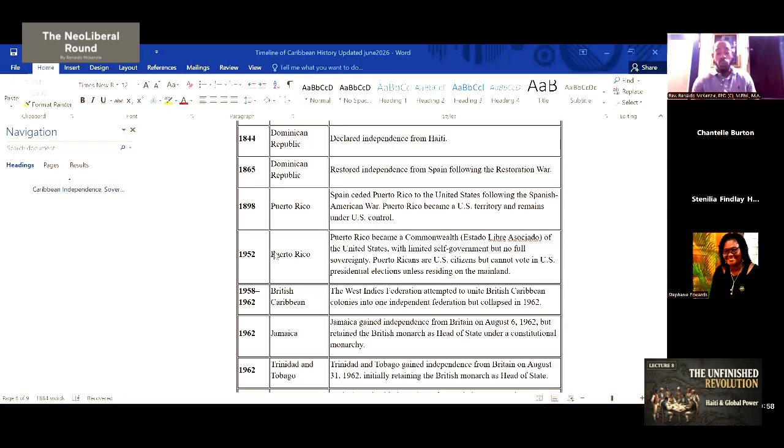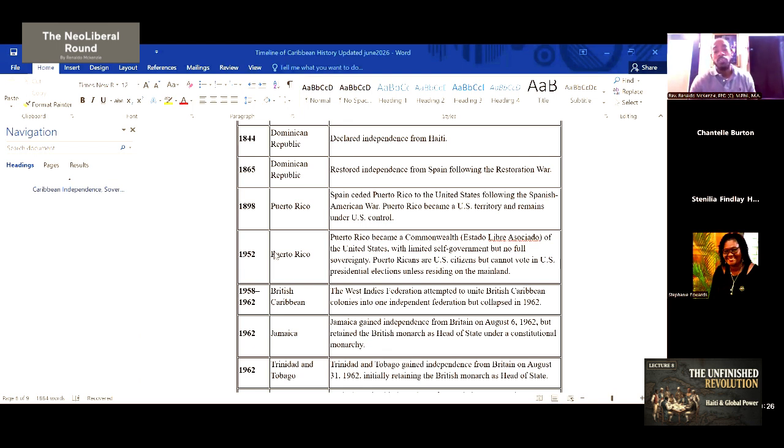But they are a territory of the U.S. They can't vote for U.S. president in Puerto Rico, but they can vote for local government. Puerto Ricans are U.S. citizens, but cannot vote in U.S. presidential elections unless residing on the mainland. So if they reside on the mainland, they can vote.